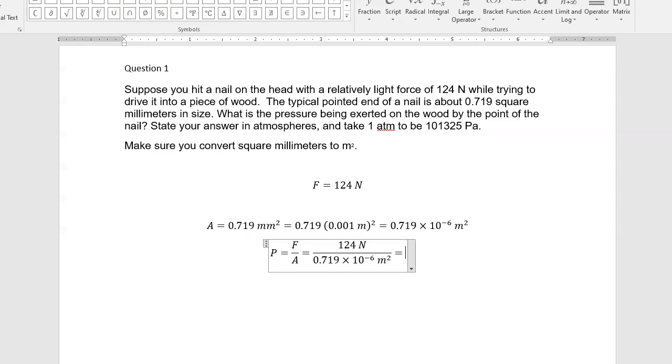If I was going to estimate this, 124, this is an estimate, approximately, and you can check my math if you want, 162, I'm going to call it, times 10 to the 6th pascals.